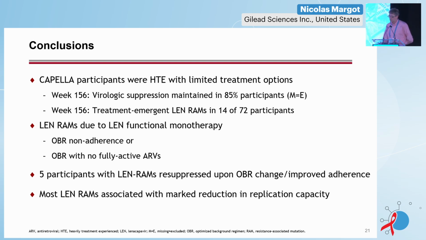Again, the RAM emergence was due to LEN functional monotherapy, either because of OBR non-adherence or having an OBR with no fully active agents. And 5 participants were able to resuppress, even though they had LEN-RAMs, upon OBR change or improved adherence. And most LEN-RAMs were associated with marked reduction in replication capacity.